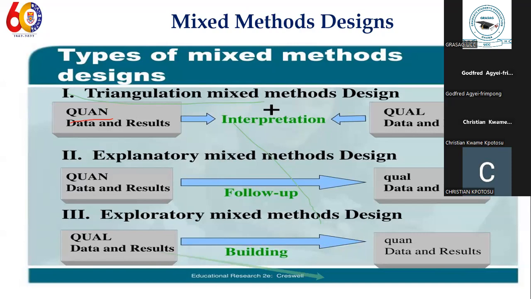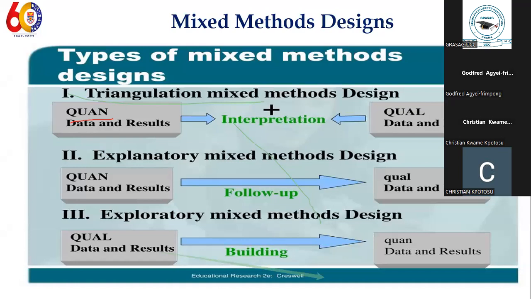We might want to develop an instrument. And if it is about attitudes, you know, attitudes of Ghanaian students towards a particular phenomenon, we cannot just go and put some attitudes there for the students to say, oh, we do. No. The best thing to do is to go pick a sample that represents those people and put to them all sorts of questions relating to what we want to achieve.